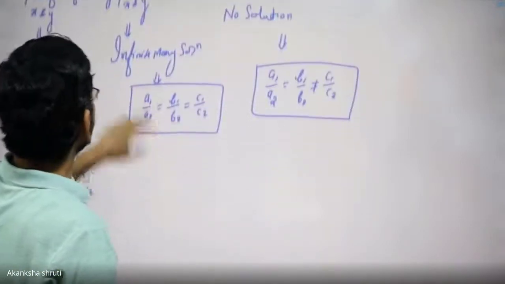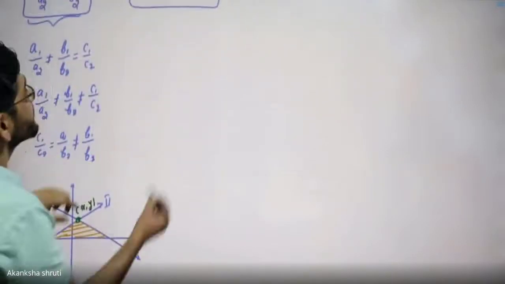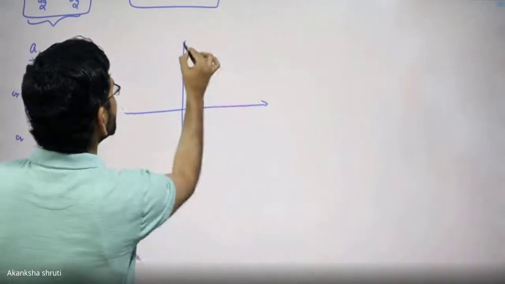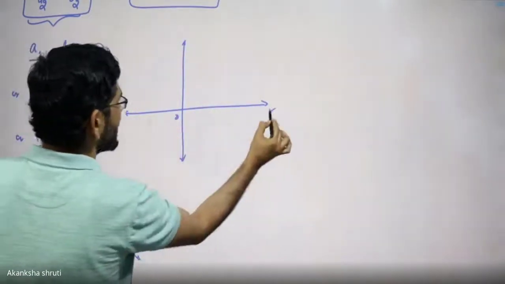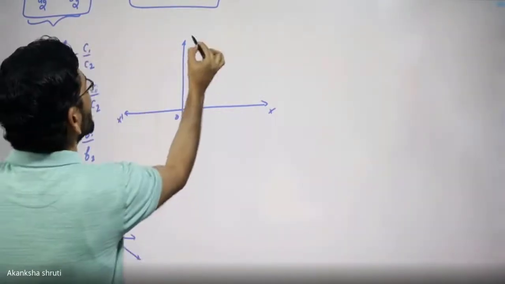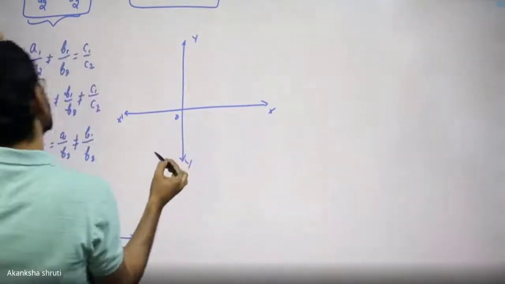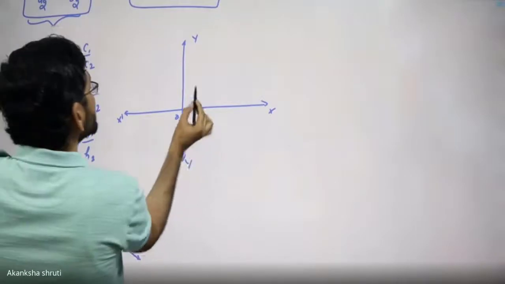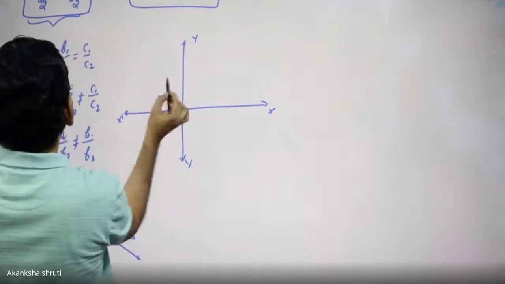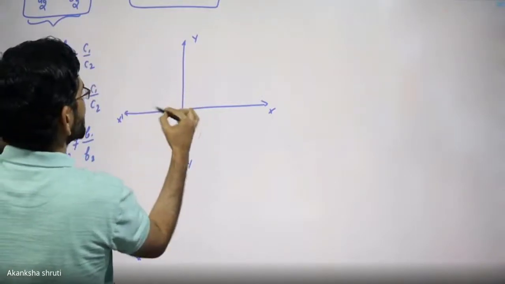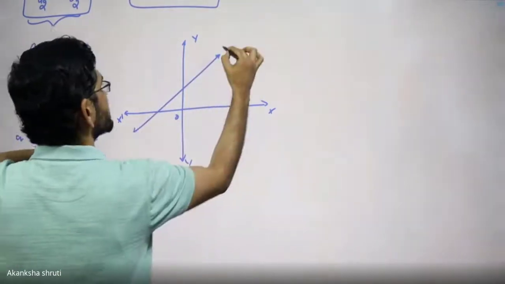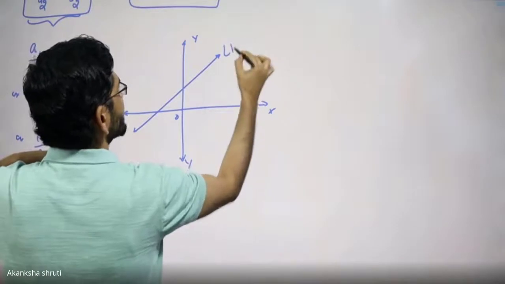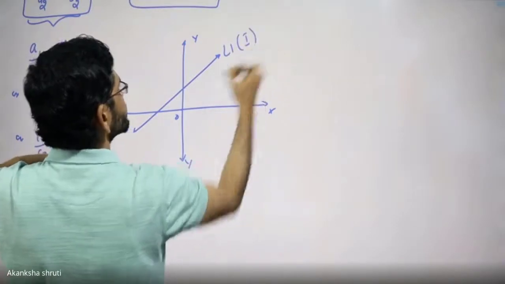Students, if we consider the infinitely many solutions, we have to compare this graph. So this is the coordinate axis, x and x dash, y and y dash, this is the origin. One of the equations, the first equation I am considering, this is the line. Let us consider this is the plot for line 1, or simply the first equation.